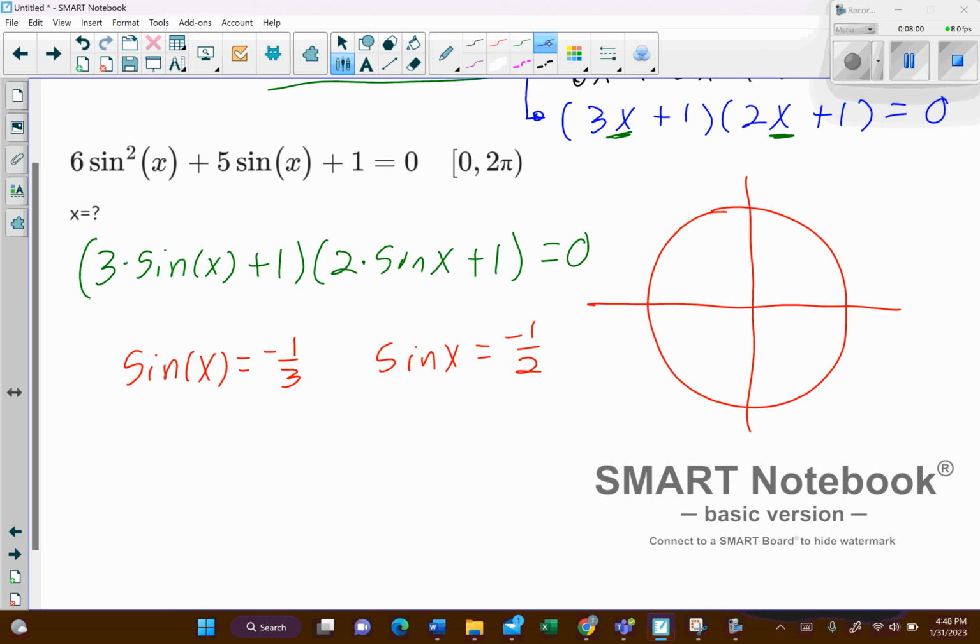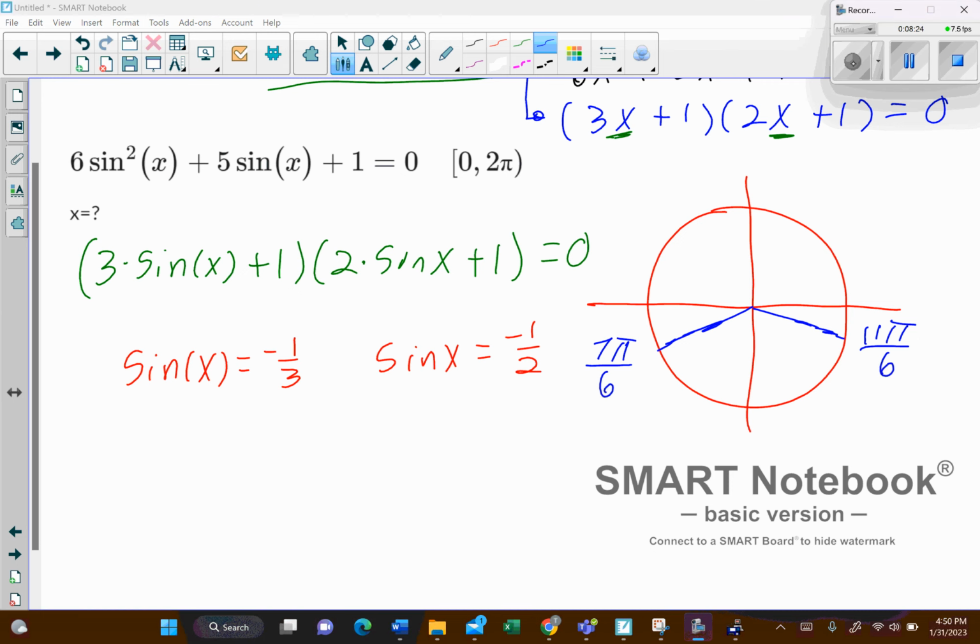So sine is negative 1/2 in two places, right here and right there. Okay, so let's see. This first one's going to be at 7 pi over 6. And this other one's going to be at 11 pi over 6.